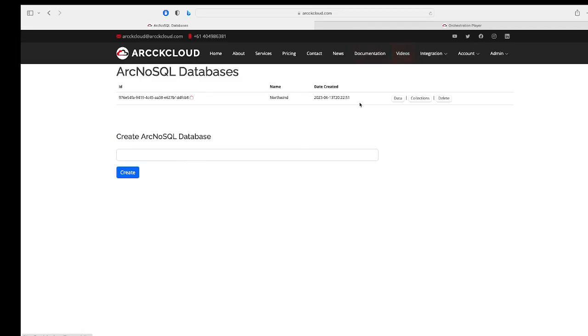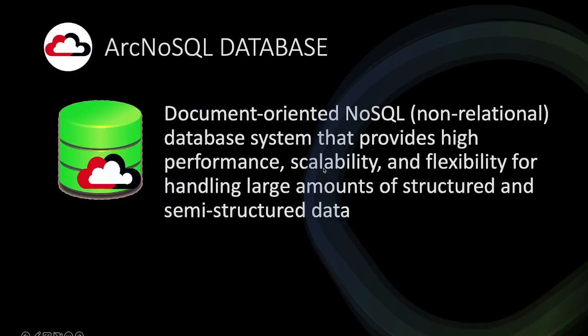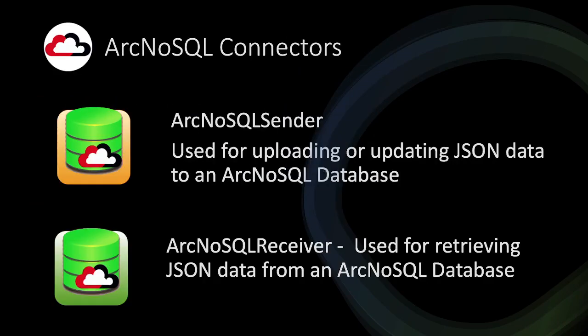So we're going to do a demo, and before we do that, I would like to show you the two components that we have generated to allow us to send or upload JSON data or to retrieve JSON data from our NoSQL database.